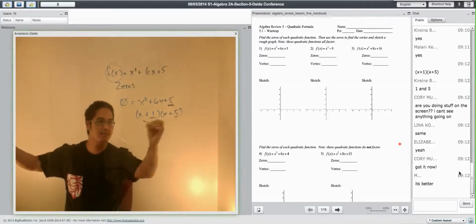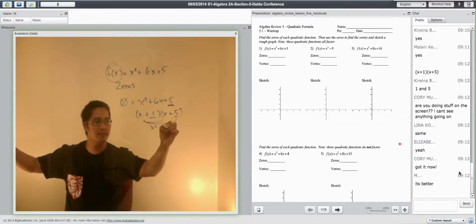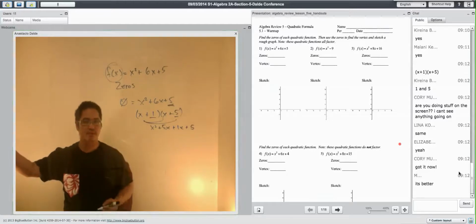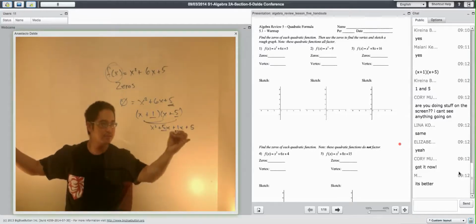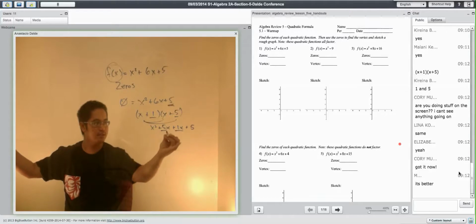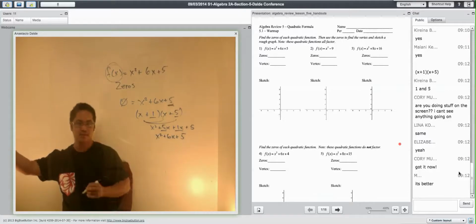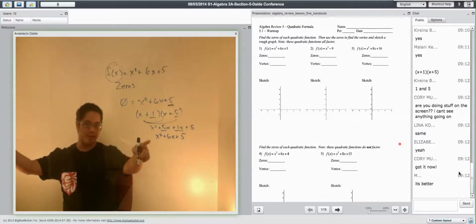So the first times the first is x squared, the outer times the outer is 5x, inner times the inner is 1x, and the last times the last is 5. I can add the inners, because those are the same. This is the x squared, this is the 5x, that's 1x. So I've got x squared plus 6x plus 5. You guys remember how to FOIL, right?